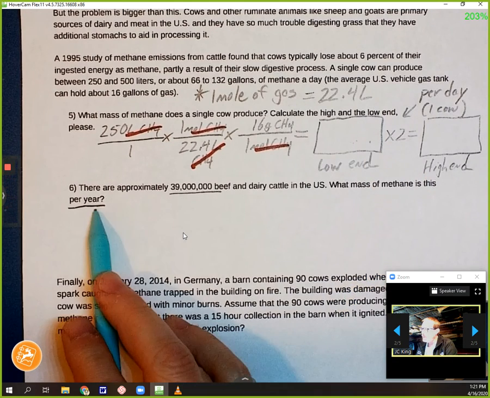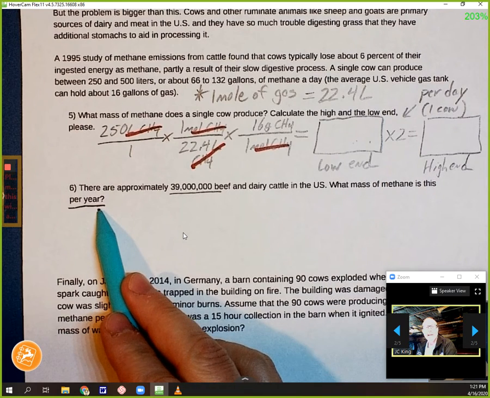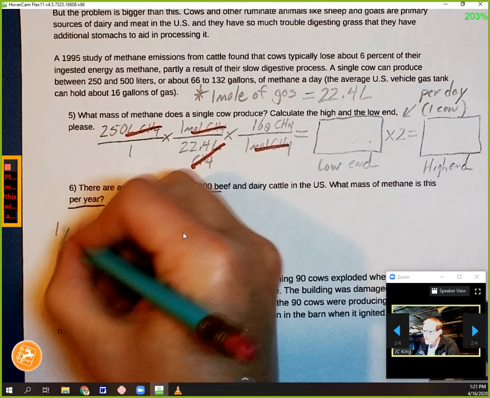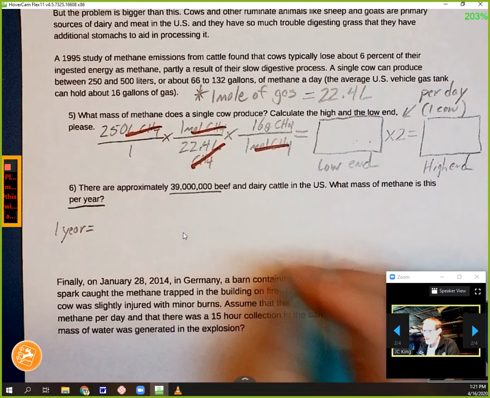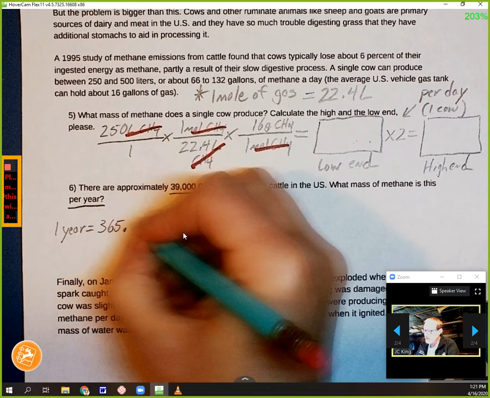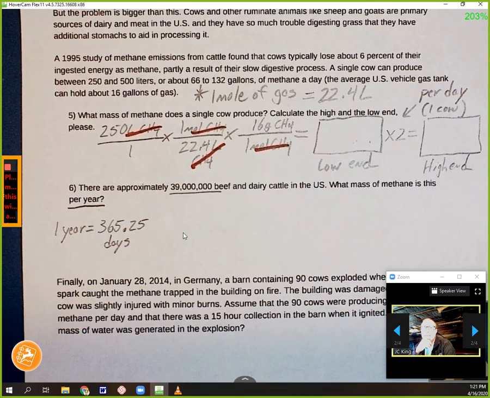Instead of 1 day, how many days are in a year again? 365 is what I hear you thinking, but if you're doing this kind of math, it's actually 365.25 days. Think about why that is.